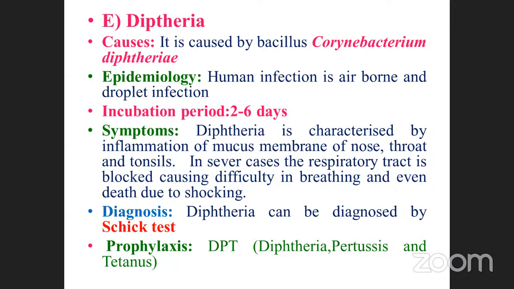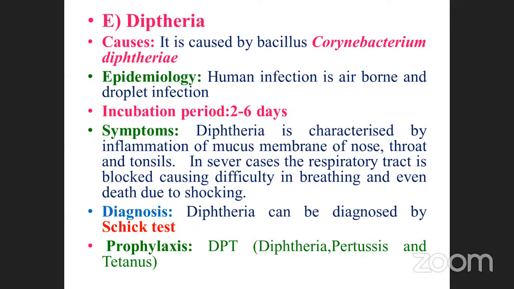Symptoms: diphtheria is characterized by inflammation of the mucous membrane of the nose, because it enters through the nose. We have mucous membrane in the stomach, small intestine, urinary tract, and also the nose.